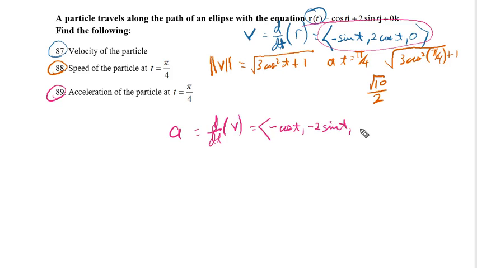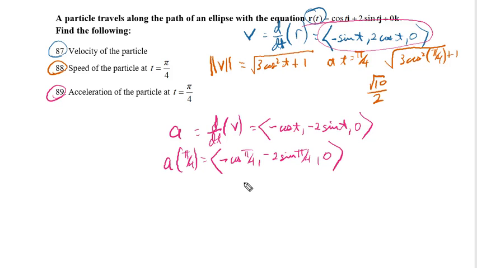And derivative of the 0 would be the 0. Now we want to find the acceleration at pi over 4, which means we need to plug a pi over 4 in place of the t. So this ends up a negative square root of 2 over 2. This is just a negative square root of 2 and a 0.